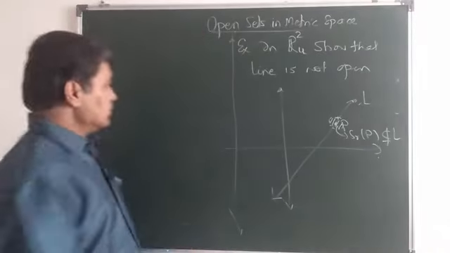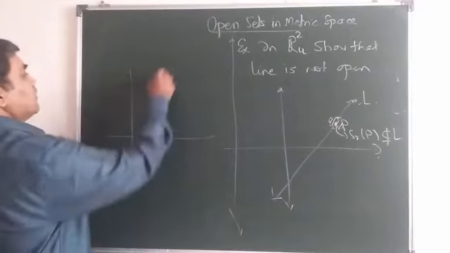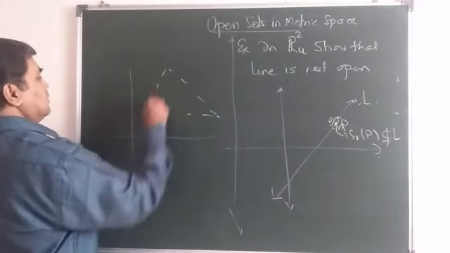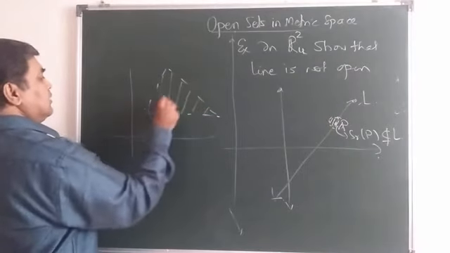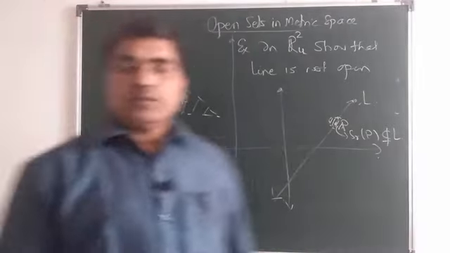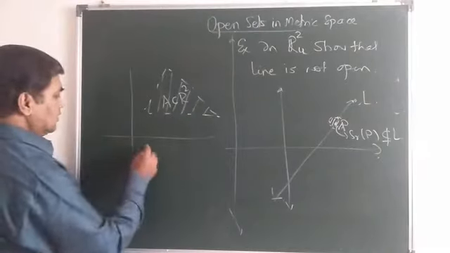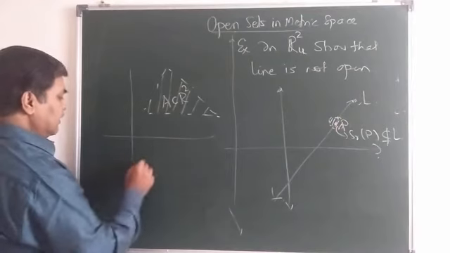But if I take now, say, this is my A, a subset of R2, the set of all points in a triangle. What is my set A?